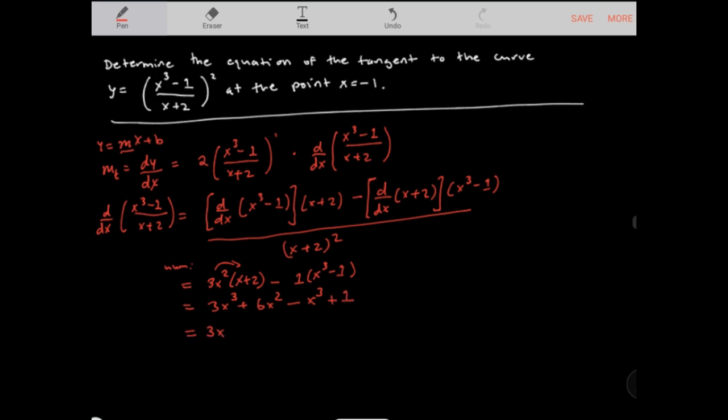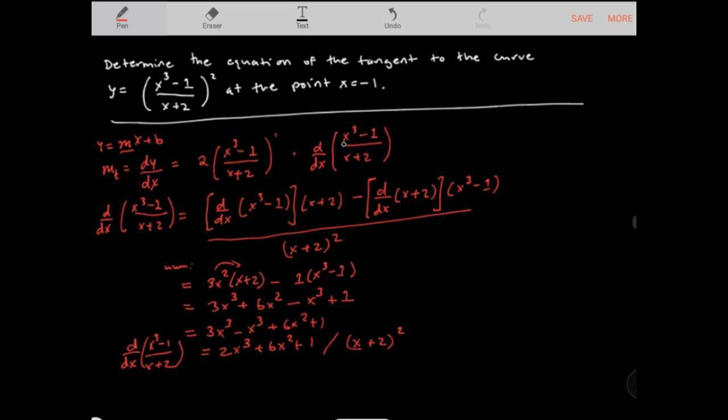So you get 3x cubed minus x cubed plus 6x squared plus 1, which is equal to 2x cubed plus 6x squared plus 1, and all of this is over x plus 2 squared. So this is what the derivative of x cubed minus 1 divided by x plus 2 looks like.